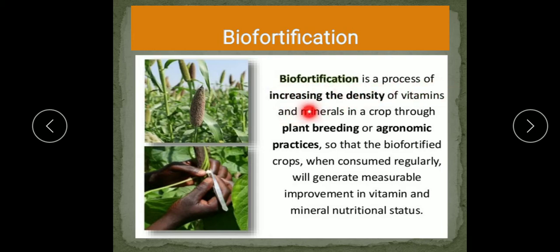Biofortification is a process of increasing the density of vitamins and minerals in a crop through plant breeding or agronomic practices, so that biofortified crops, when consumed regularly, will generate measurable improvement in vitamin and mineral nutritional status.